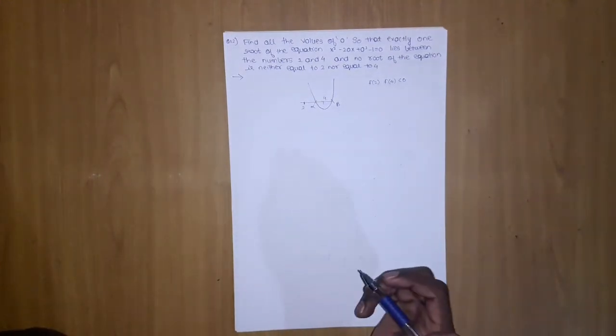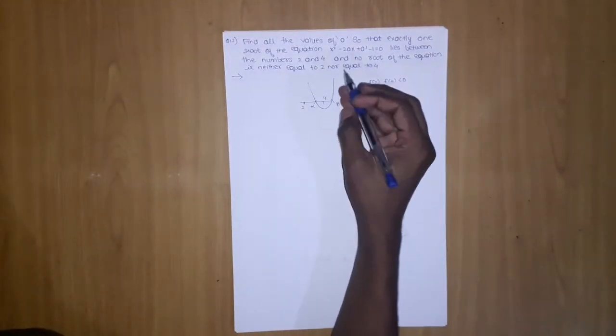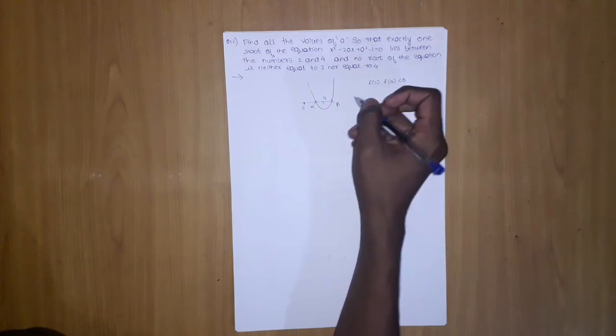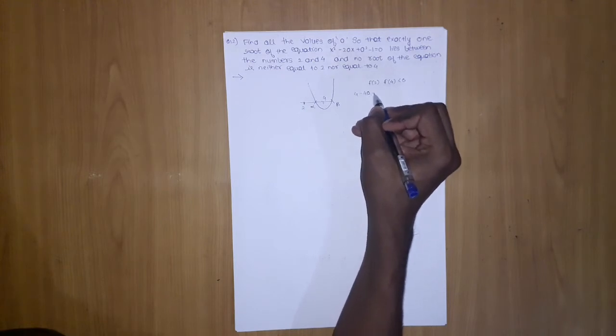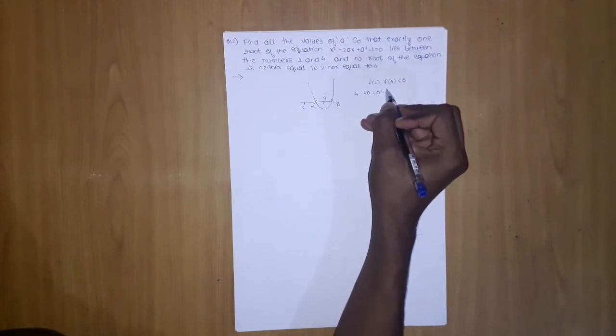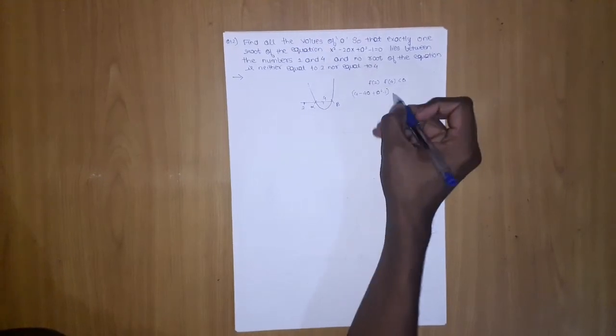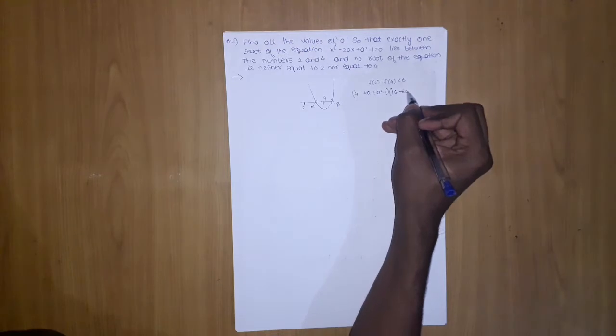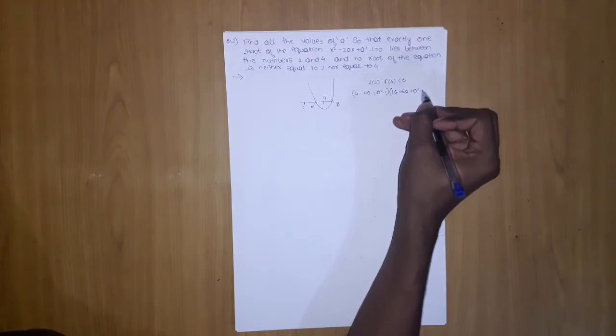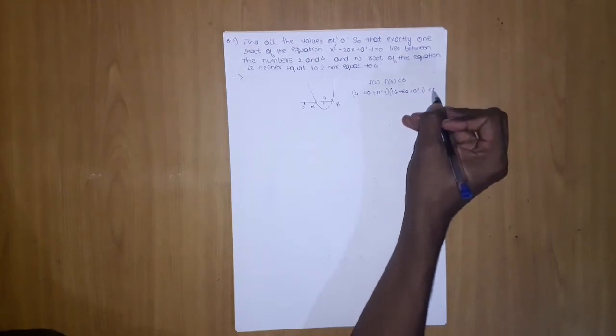So let's do this. When we put x equals 2, we get 4 minus 4a plus a square minus 1, and when we put x equals 4, we get 16 minus 8a plus a square minus 1, and the product should be less than 0.